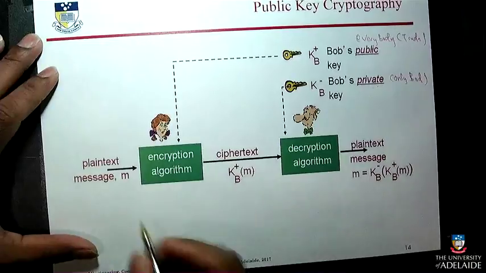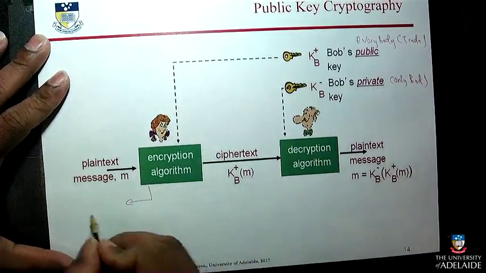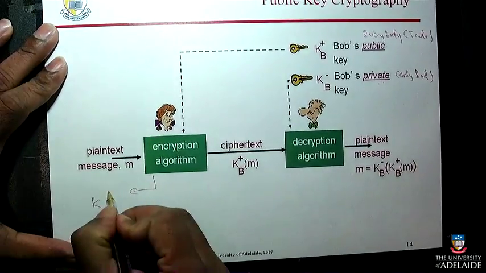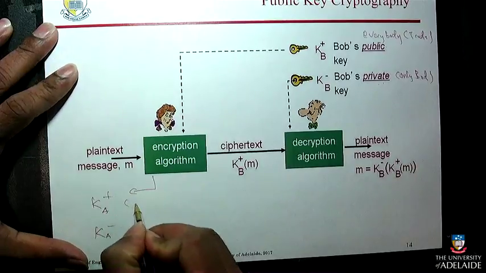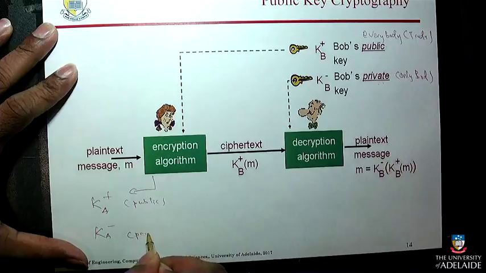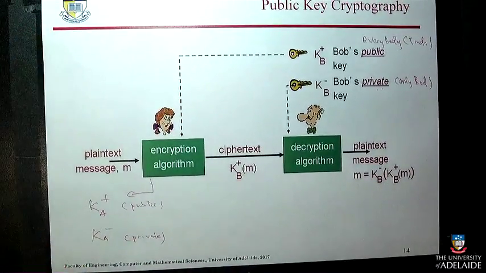Alice also has a similar key pair, KA plus and KA minus. This is public, and this is private.